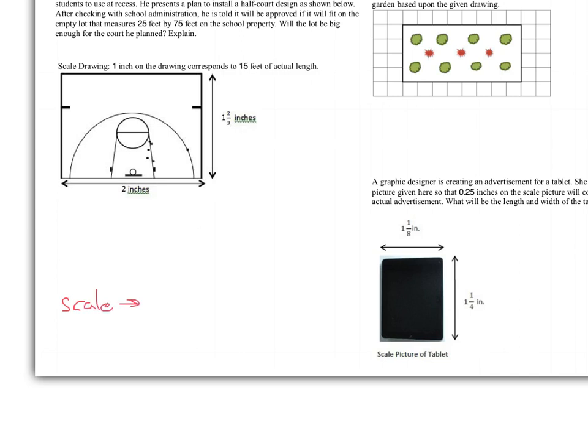Scale does not necessarily have the same units, whereas scale factor always will have the same units. So it's literally how many multiples something bigger is than the other. So this has the same units.